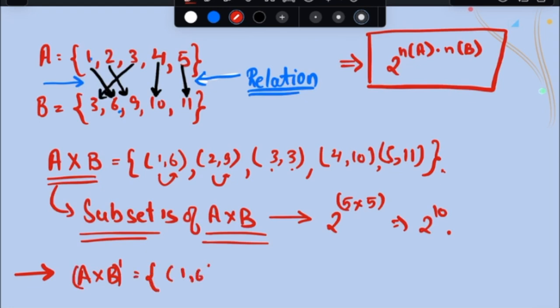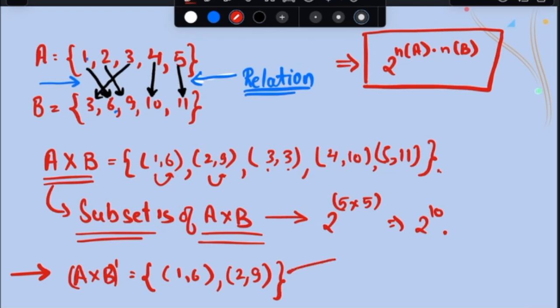Either it can contain 1 comma 6, and the rest will not contain. So this is a subset, a subset of this. So there are 2 raised to the power 10 subsets like this, and all the subsets are relations.